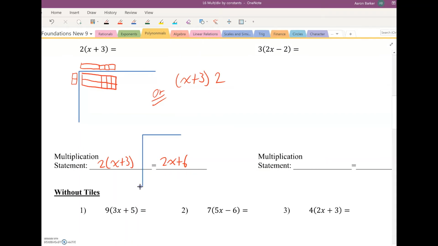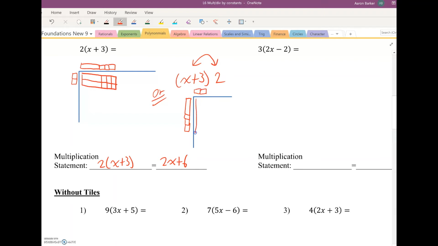All right. So for this one, if you want to, you can just draw it the exact same. It doesn't matter where you move it. Remember, these can be switched, no big deal. But if you really want to, you can draw your x plus 3. Now again, it has to be flat against this multiplication side. And there's my 2 tiles.